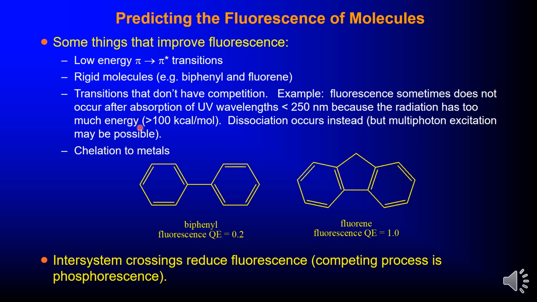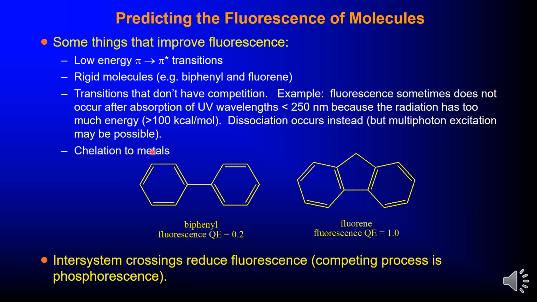Then we have transitions that do not have competition. For example, fluorescence sometimes does not occur after absorption of UV wavelength because the radiation has too much energy. So dissociation occurs instead, but multi-photon excitation may be possible.